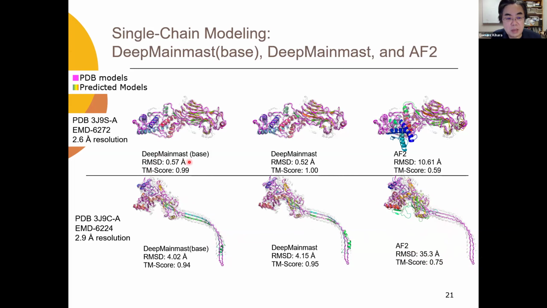But DeepMainMast is tracing the positions of the beta strand, so it can do the model building for this long beta structure tail very well. RMSD is 4 angstrom, and combining the tracing with AlphaFold recovers the structure also very well. RMSD went slightly worse, but the TM score went slightly up from 0.94 to 0.95.